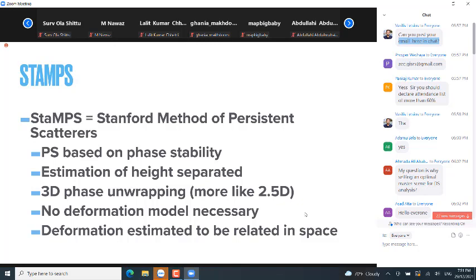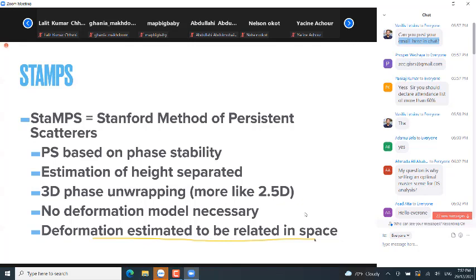Right. But the problem that we have is that deformation is estimated to be related in space. That can be a problem if you're looking at deformation that is not related in space.